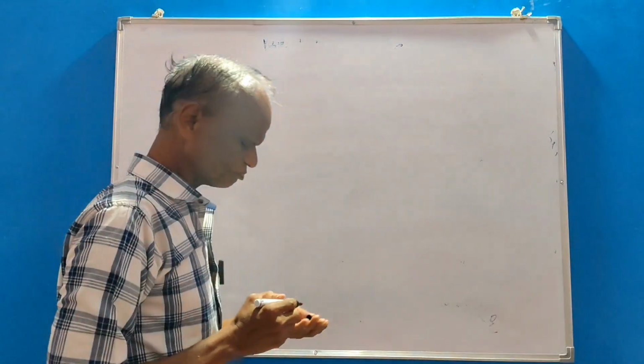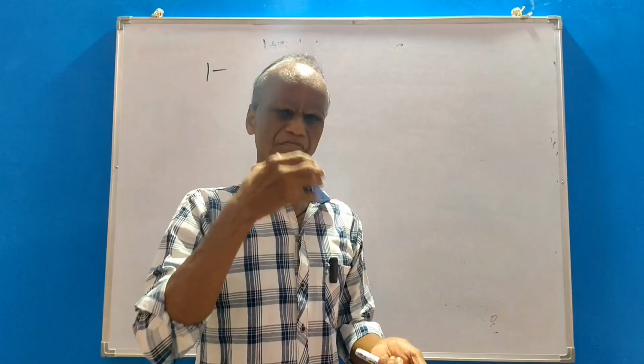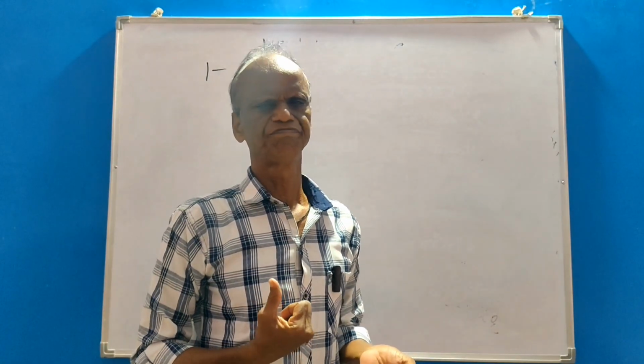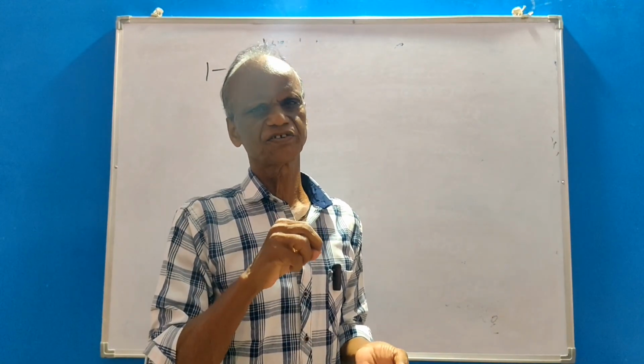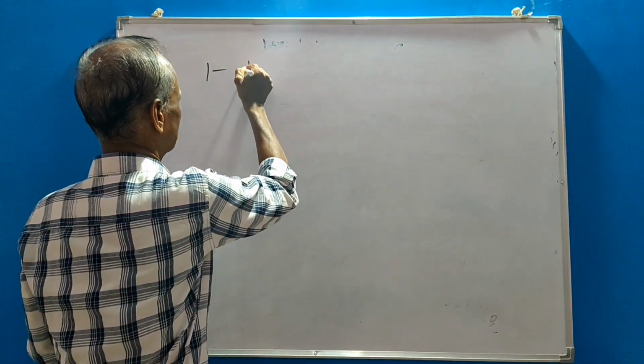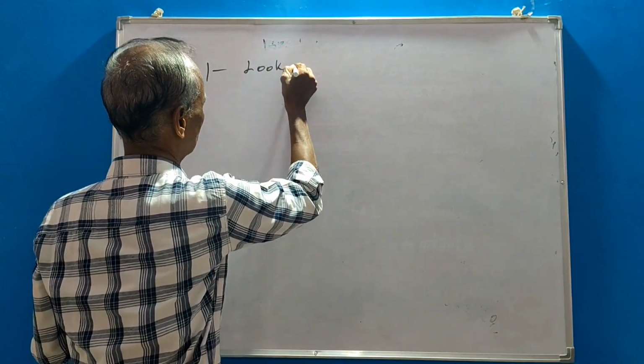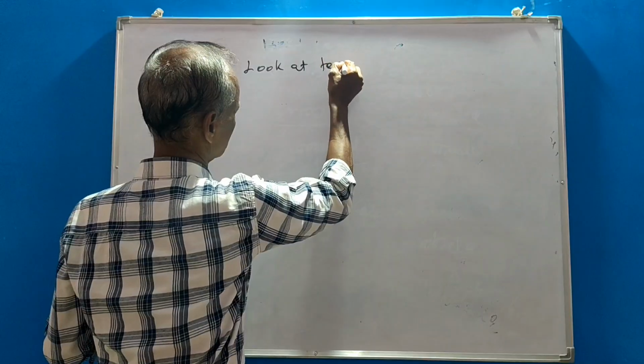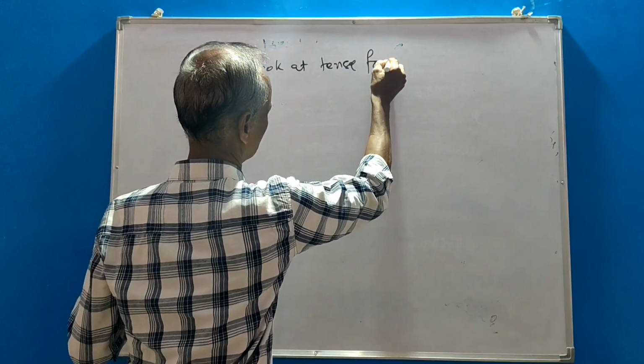Point 1. What is the best way to detect errors and correct errors? Number 1. Look at the tense form.